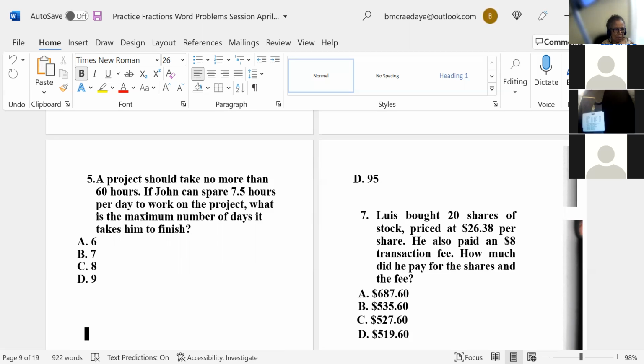A project should take no more than 60 hours. If John can spare 7.5 hours per day to work on the project, what is the maximum number of days it takes him to finish?